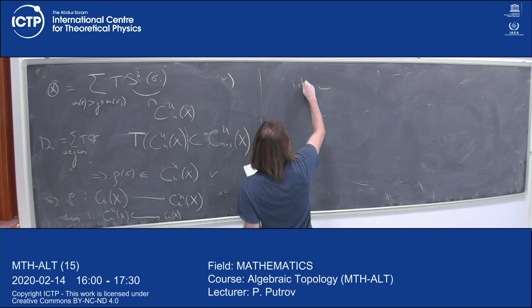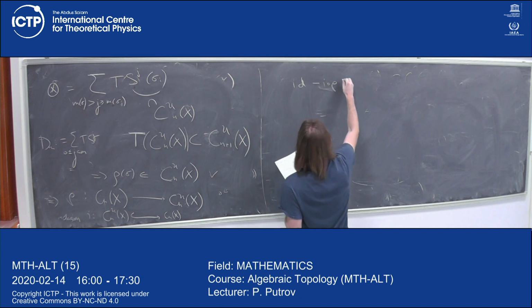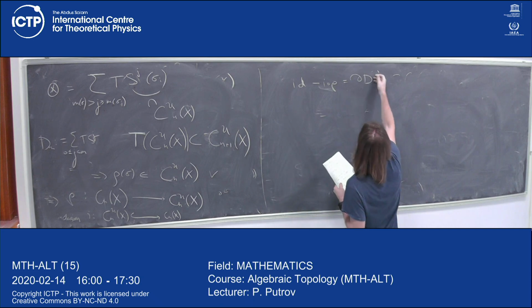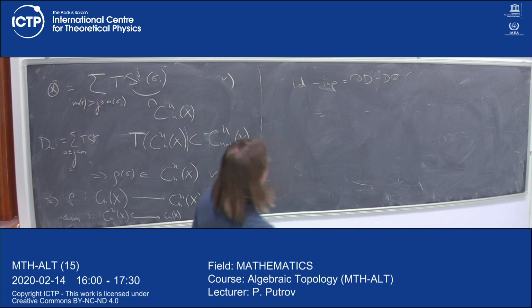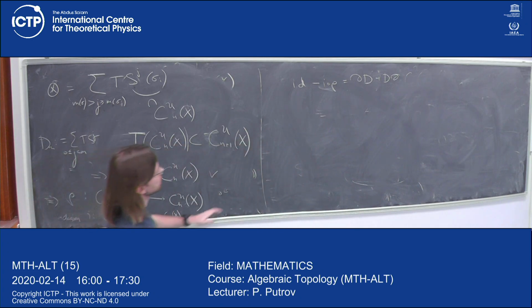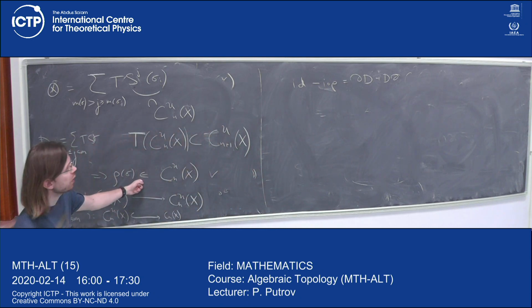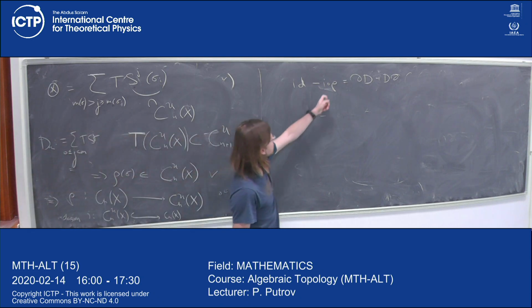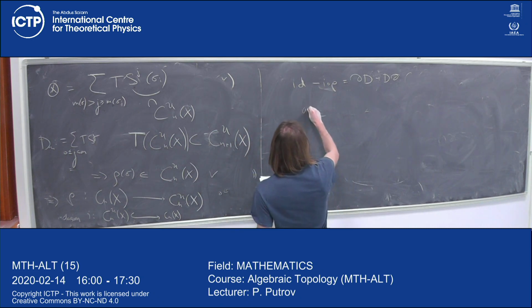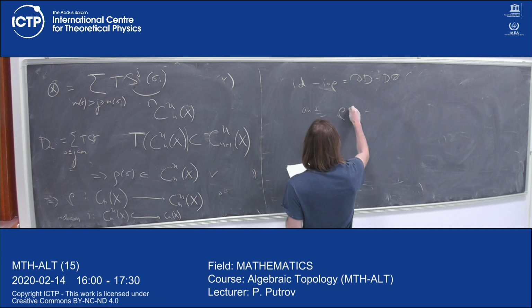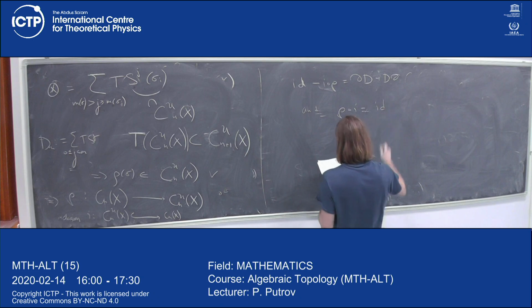So by construction of the rho operator, we have this property. It was without composition with inclusion, but since we have this property, we can replace it by composition with inclusion. Nothing changed. So we have this, and we also have rho. The composition the other way around is just identity.